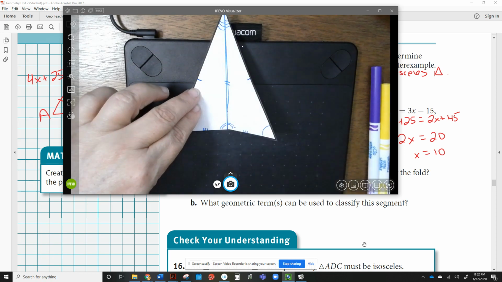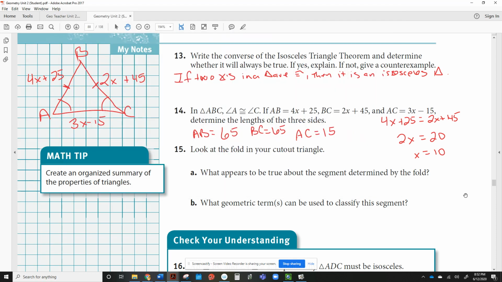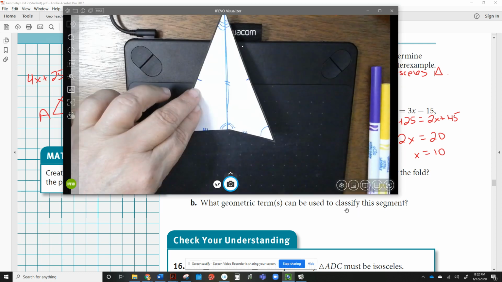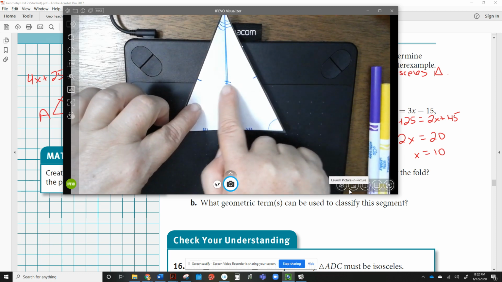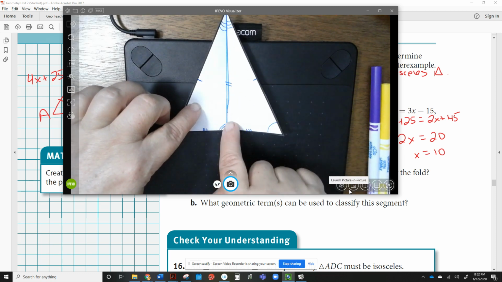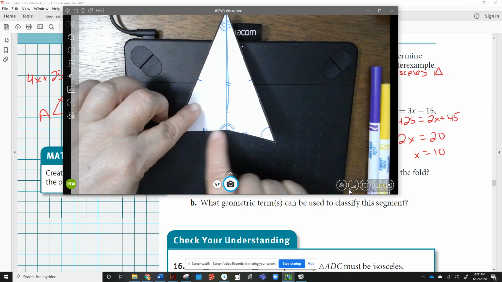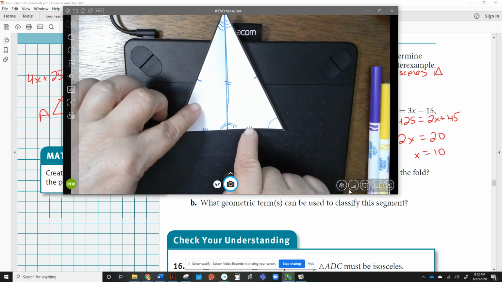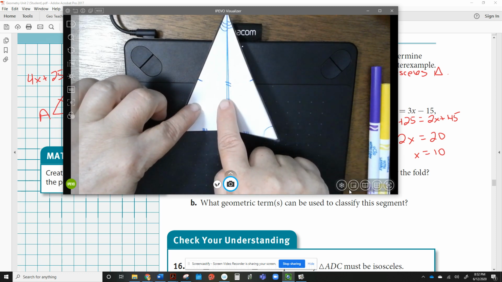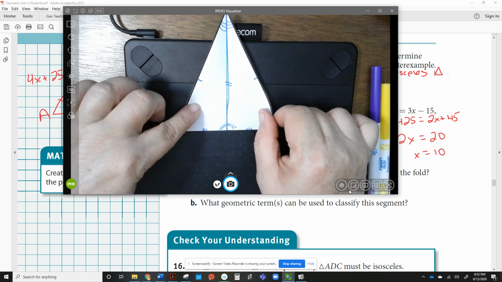And then part B right here says, what geometric term can be used to classify this segment? Okay, so the segment that we're talking about is, again, this one right here. Well, this one not only is perpendicular to the base, but it also bisects the base. So what geometric term would call this segment? We would call it the perpendicular bisector.